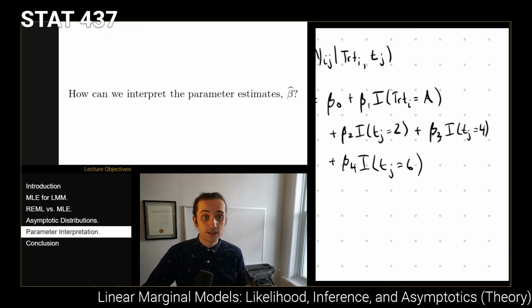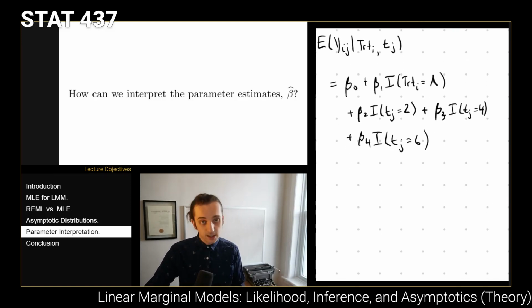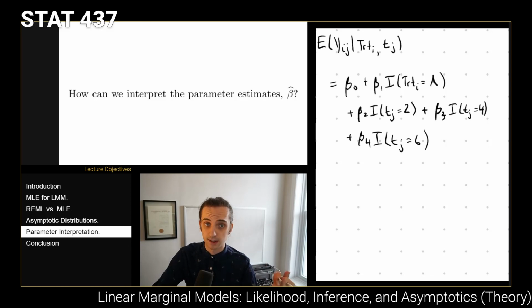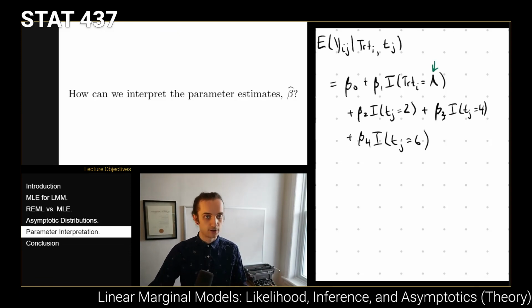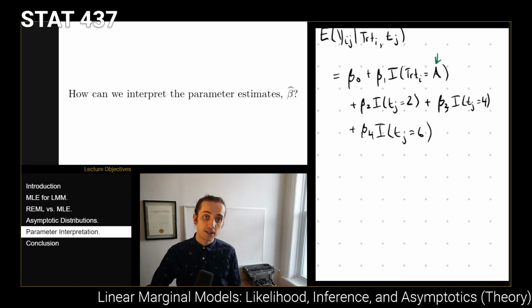Okay, and so now here what we can see is that if you pose any specific individual, any specific individual is going to have a treatment of either A or P, and then their observation is either going to be at times 1, 2, 4, or 6. And so for any combination of these individuals, we can see that it's just going to be some combination of these coefficients being summed.